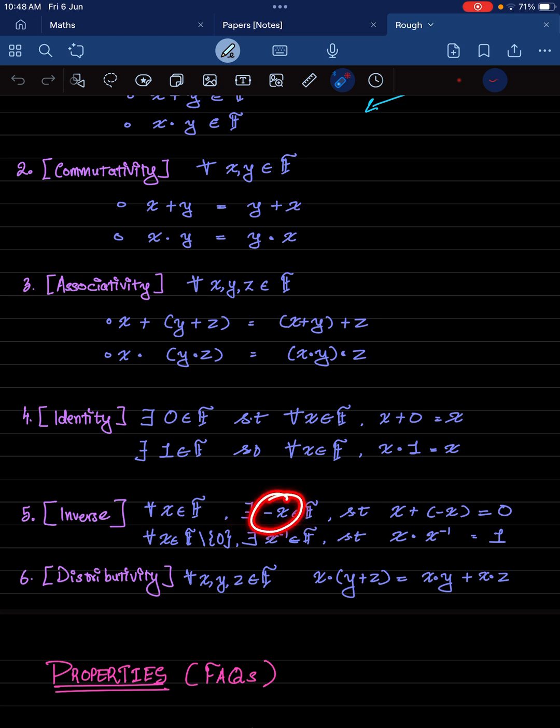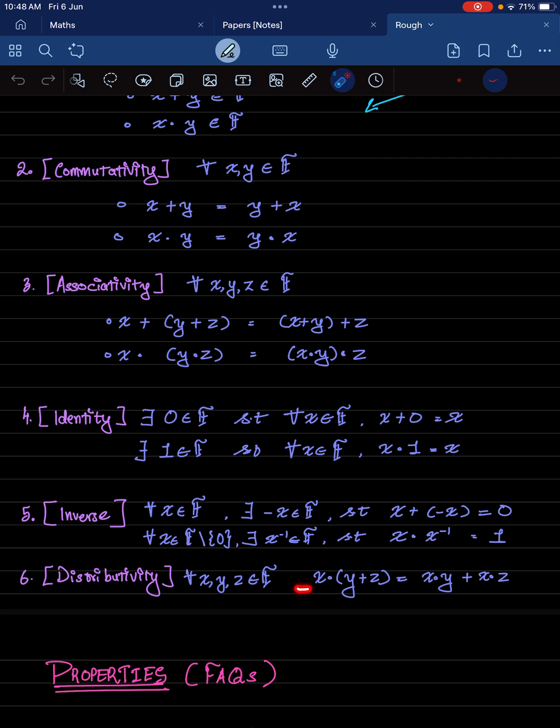So the minus x is what we use to denote the additive inverse, and x plus minus x will give you 0, that is the additive identity. And similarly, for any x that is not 0, there will exist an x inverse, so x raised to minus 1, which is the multiplicative inverse, such that if you multiply this x raised to minus 1 with x, then you will get the multiplicative identity, that is 1.